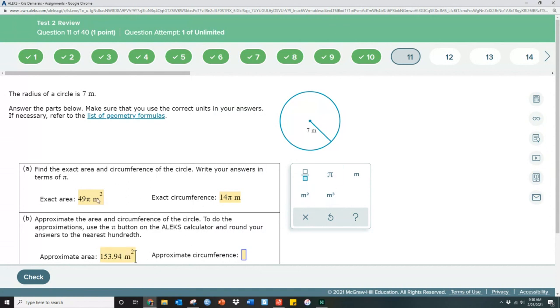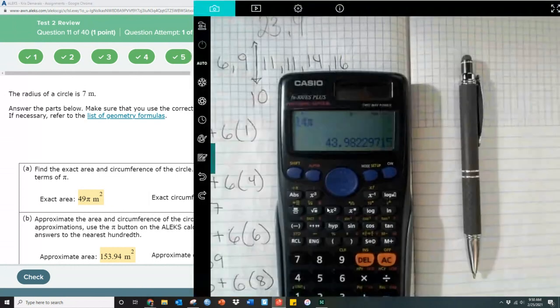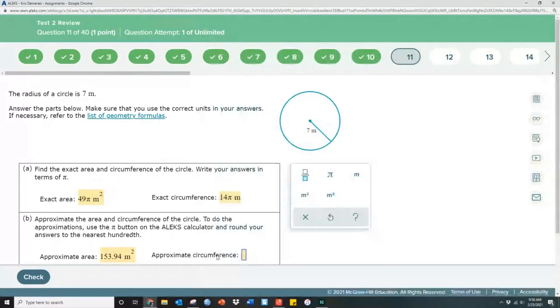And that's meters squared. Now, circumference, taking 14 times pi, we're going to go ahead and get this. Okay. So we're looking at 43.98. And then remember your meters.